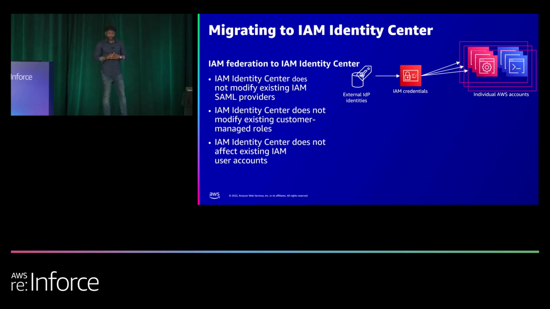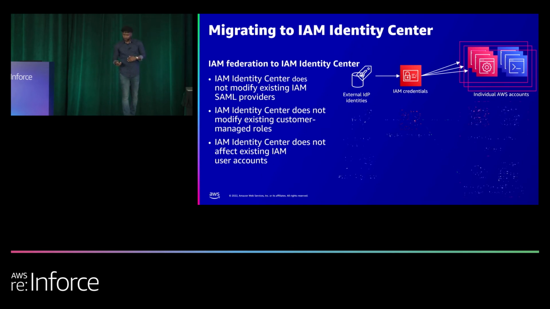You're going to need to export those federated IAM roles into permission set format, which is something that can be done programmatically, and it's not super difficult to do. The third thing is to migrate your assignments. You're going to fetch all the user role assignments from the external IDP that you were using with IAM Federation, and recreate those assignments in IAM Identity Center. So it's a very straightforward process. Much of it can be done programmatically, so there's really no reason to fear making that move.